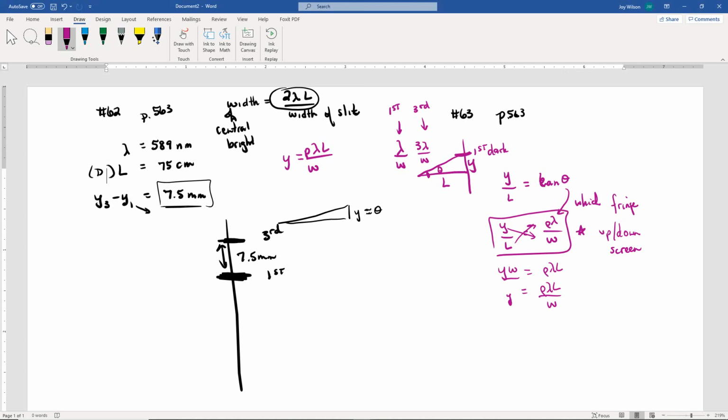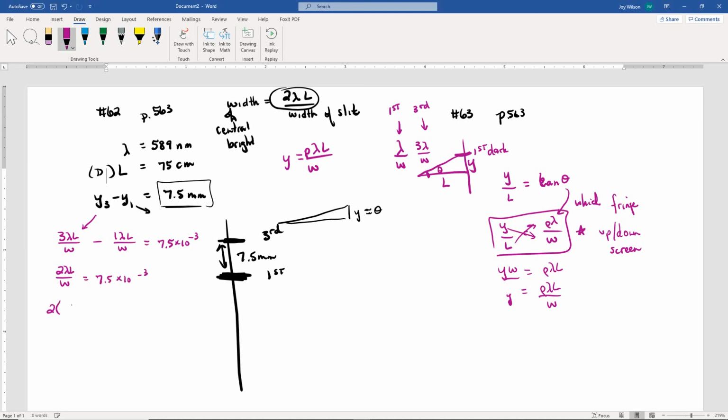So what we have here is 3 wavelengths times length over W minus 1 wavelength times length over W, because it gets bigger on the screen the further you go out from it. And then that equals the 7.5 times 10 to the negative third. So we get 2 lambda L over W equals 7.5 times 10 to the negative third.